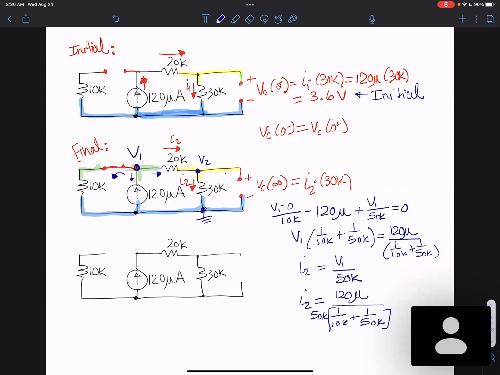And let's see what I actually have for this value. Okay, so this ends up giving me a value of 0.4 volts.